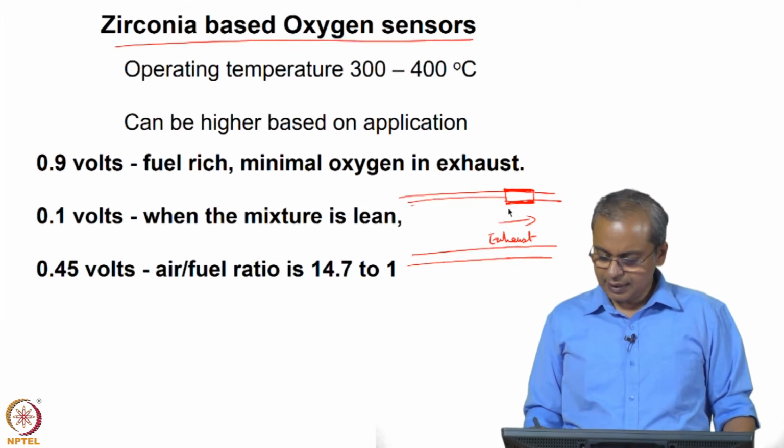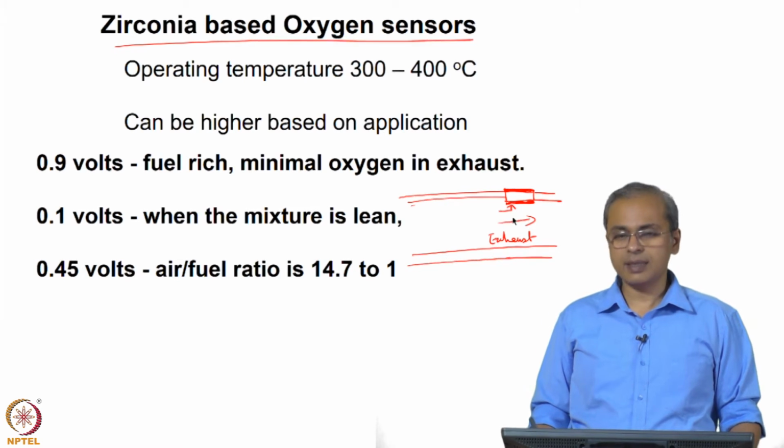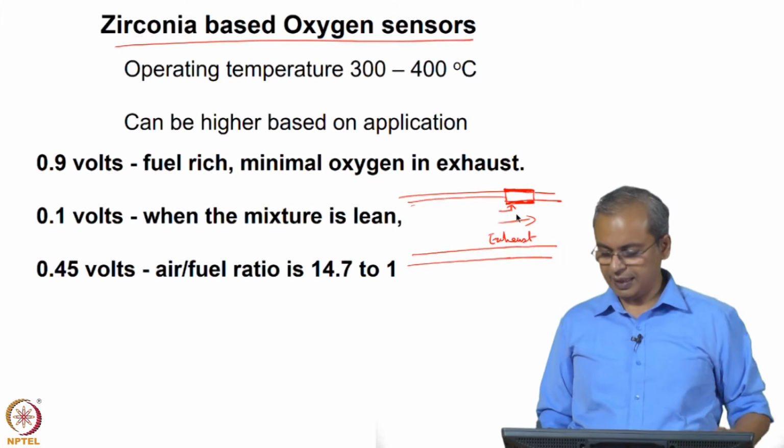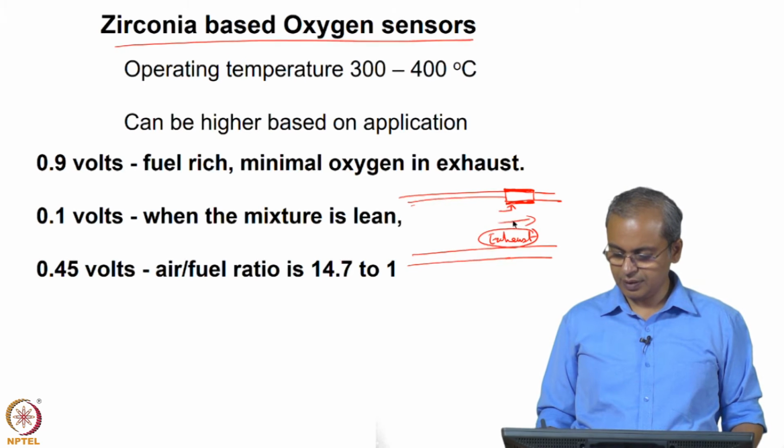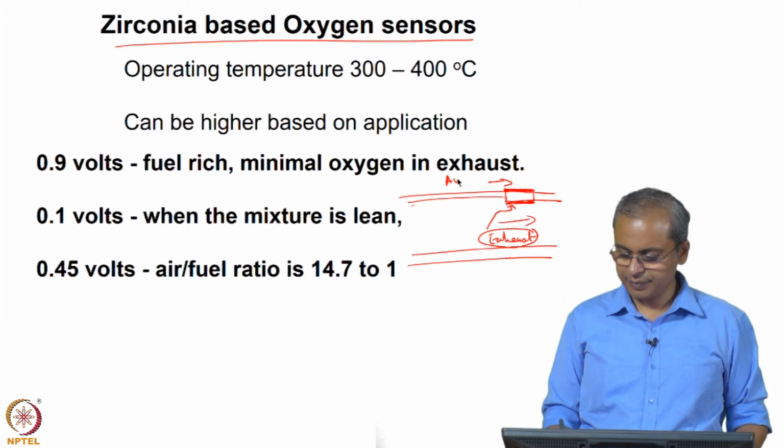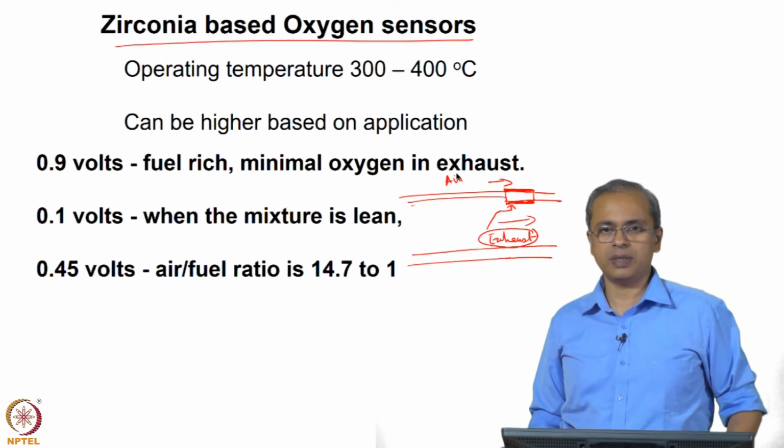The inner side of this sensor sees the exhaust stream. The outside of the sensor is seeing air, ambient air.